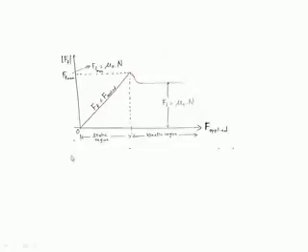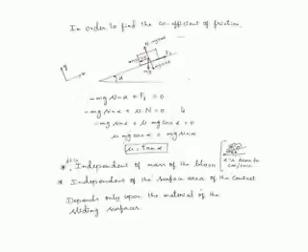After the motion has started, the friction force value reduces a little. This region is called the static region, and this region is called the kinetic region. In this region we call mu the coefficient of static friction, and in this region we call mu the coefficient of kinetic friction.